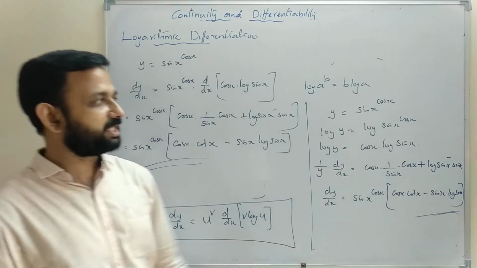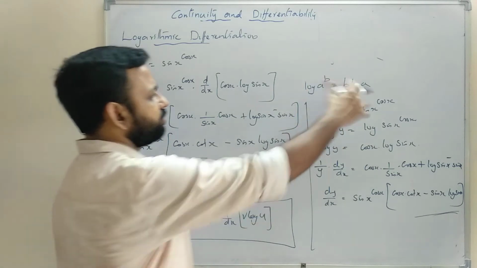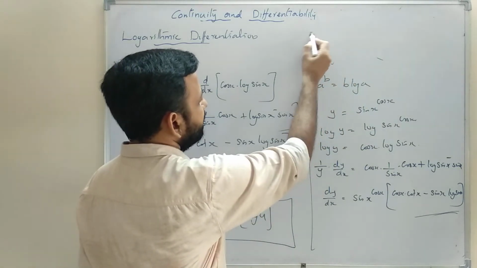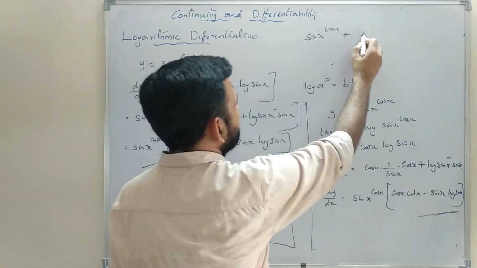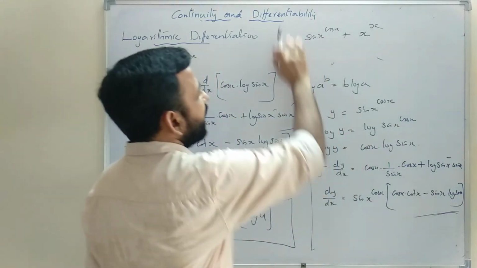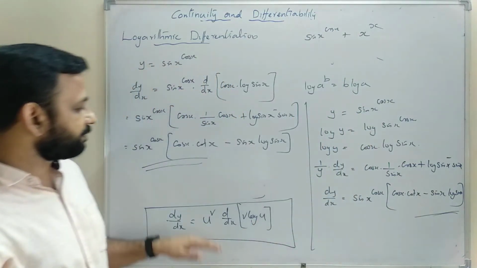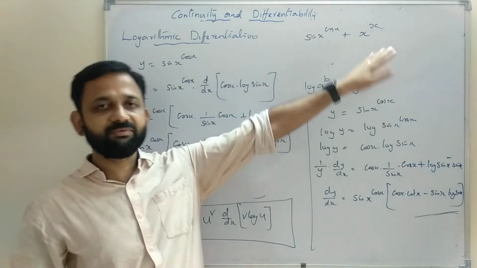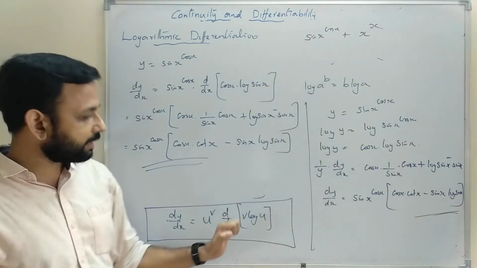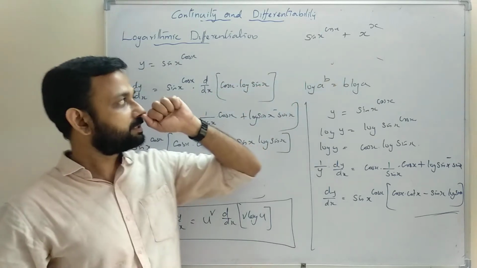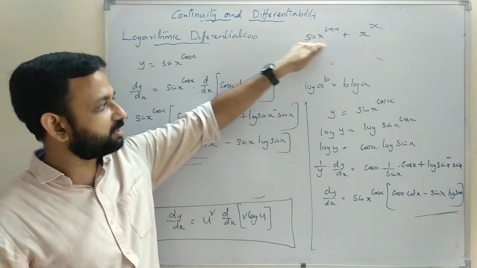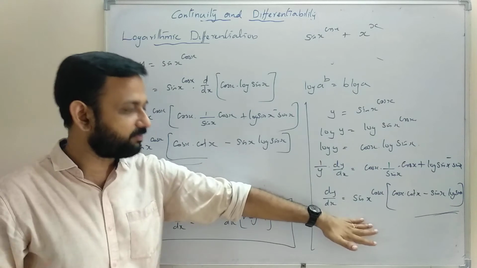But in some questions, when we have two expressions, suppose we need to find the derivative of sin x raised to cos x plus x raised to x. So when we have two functions, if we apply the formula directly, we can do it directly. If we are not applying this formula, then we need to take them separately. We will take this expression y is equal to this one, then log y, and we get one answer.